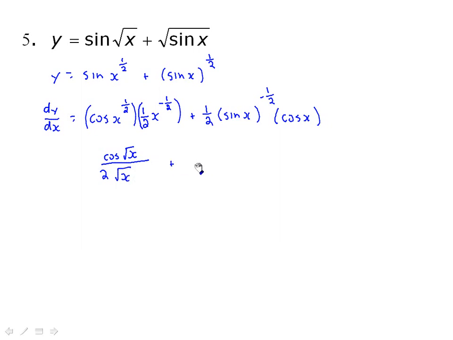And then this one, sine x to the negative 1/2, is cos x on top. The 2 goes on the bottom, and we have now the square root of sine x. Don't forget, this is dy dx.